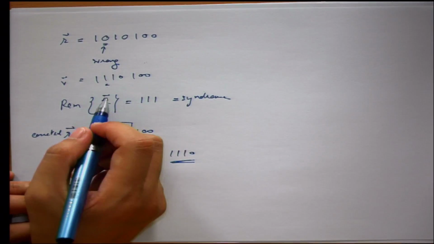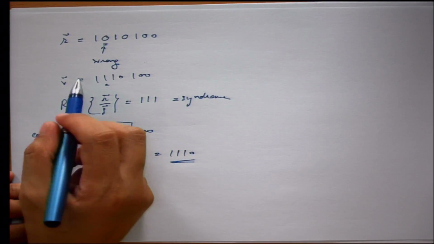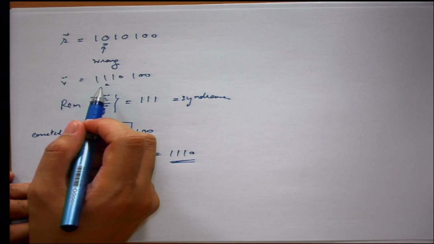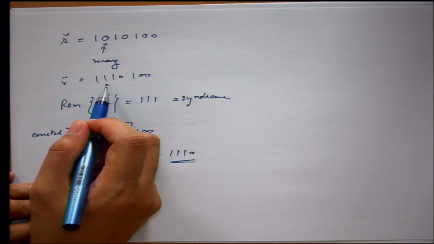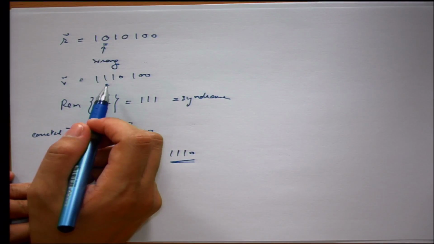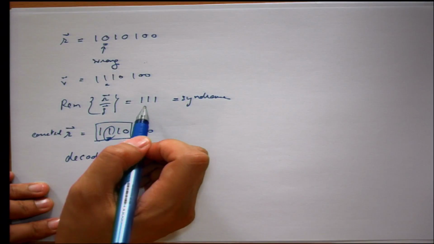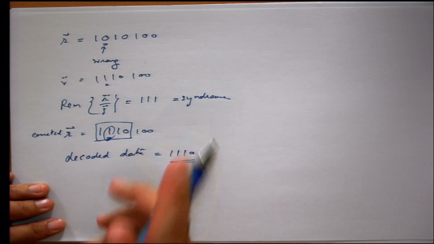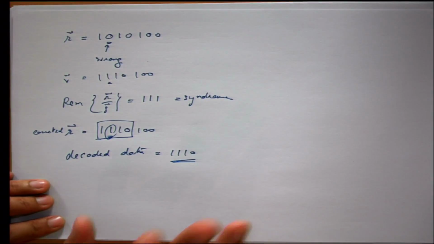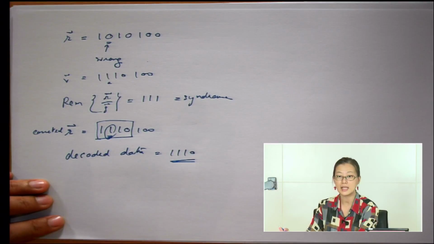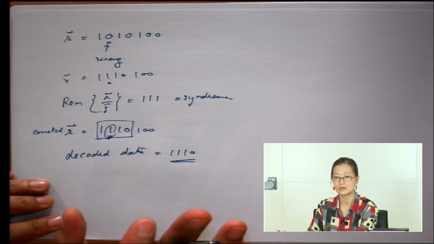Now, why can I tell you that if it's an error in the second bit, it always has the syndrome of 1 1 1? This is a little bit beyond the scope of this class, okay, but I can tell you this: all code words have no remainders if you divide them by G, okay.